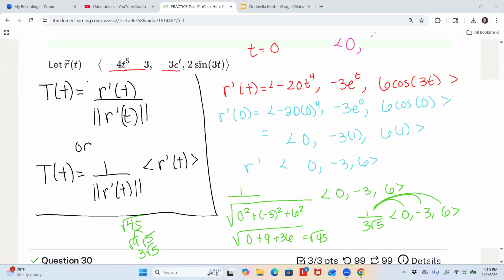This second one would be negative 3 over 3 root 5. And the last one would be 6 over 3 root 5. Let's simplify. So 0, this would cancel and be negative 1 over root 5. And this would reduce to 2 over root 5. That is our unit tangent vector.